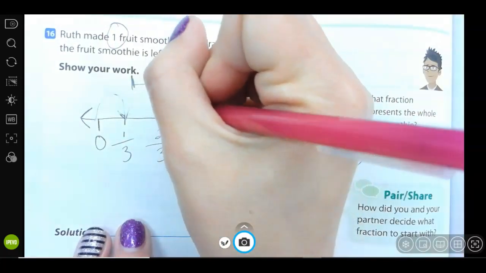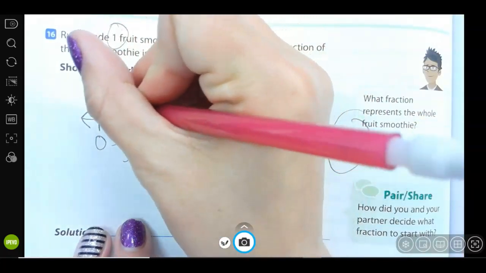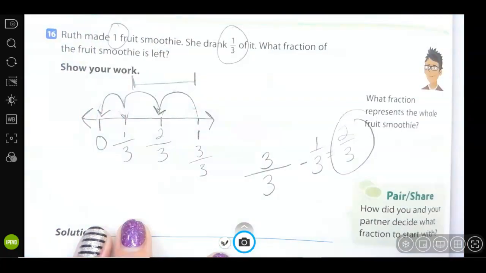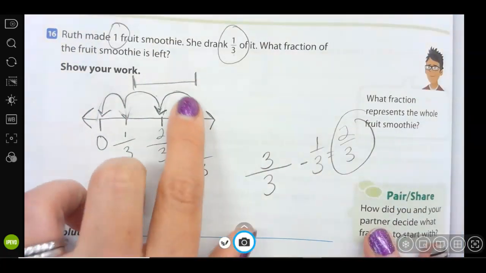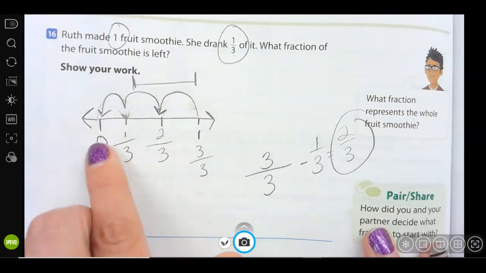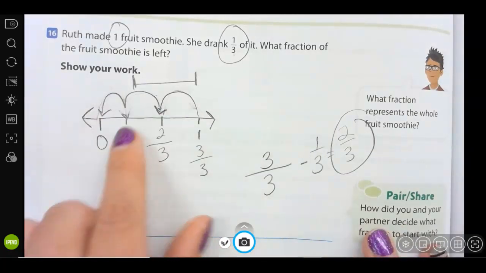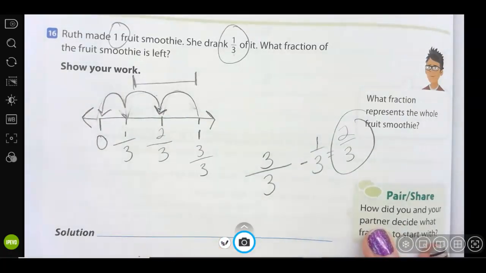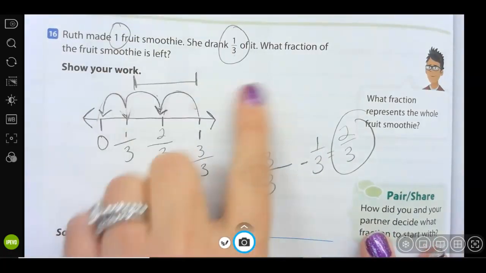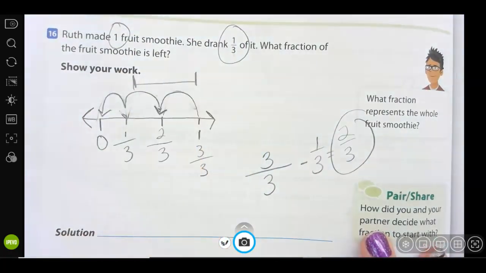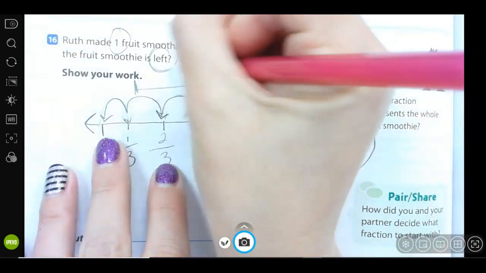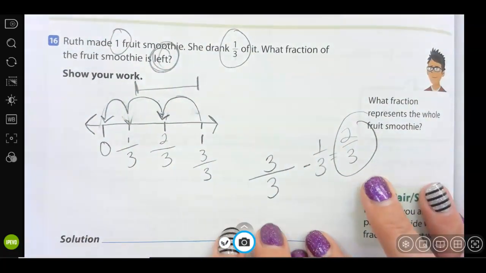So then we know she has 2/3 left. Okay. Remember, when you're subtracting, your arrows need to go back. And if you're adding, your arrows go forward. What word told us that we needed to subtract? Left. Left, good. Keyword.